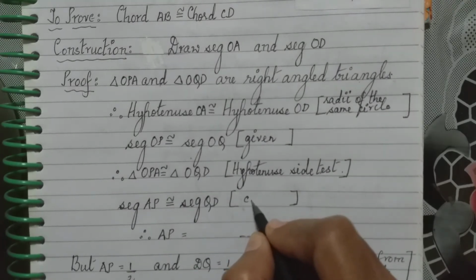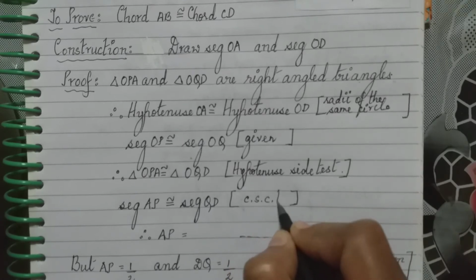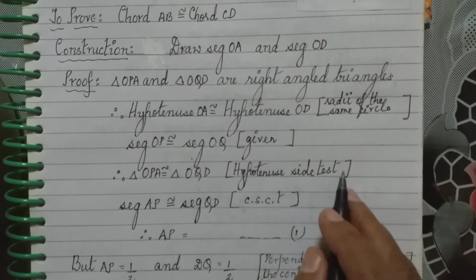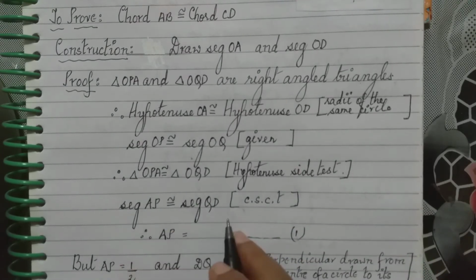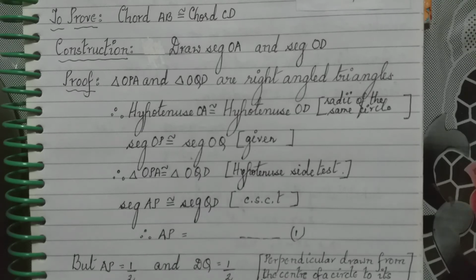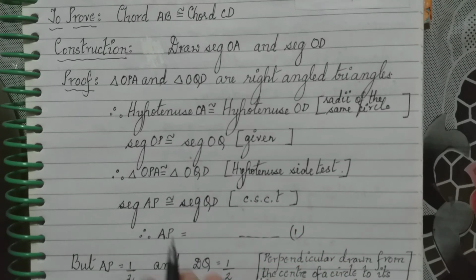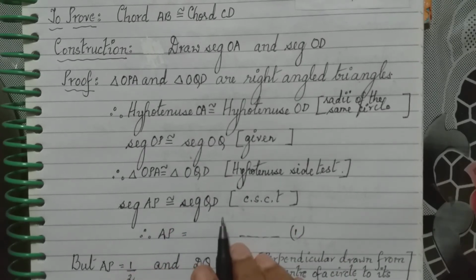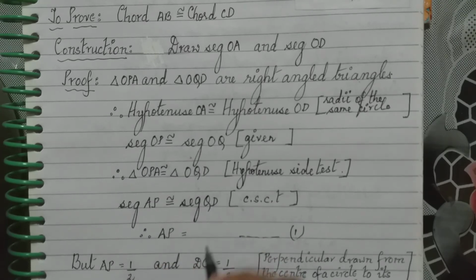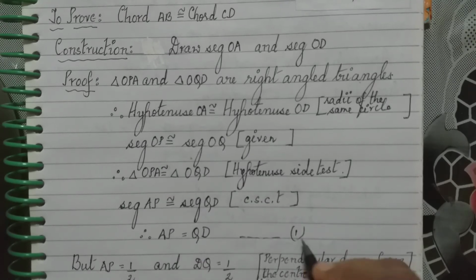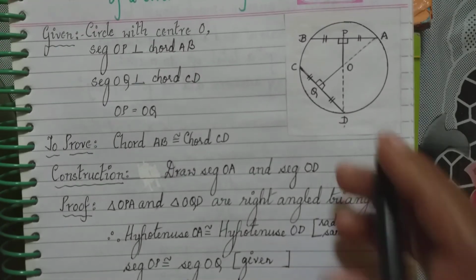By CSCT, that is, when two triangles are congruent by a certain test, then a pair of sides are congruent, by corresponding sides of congruent triangles. Now, if segment AP is congruent to segment QD, then AP is equal to QD. AP is equal to QD, we number this as 1.